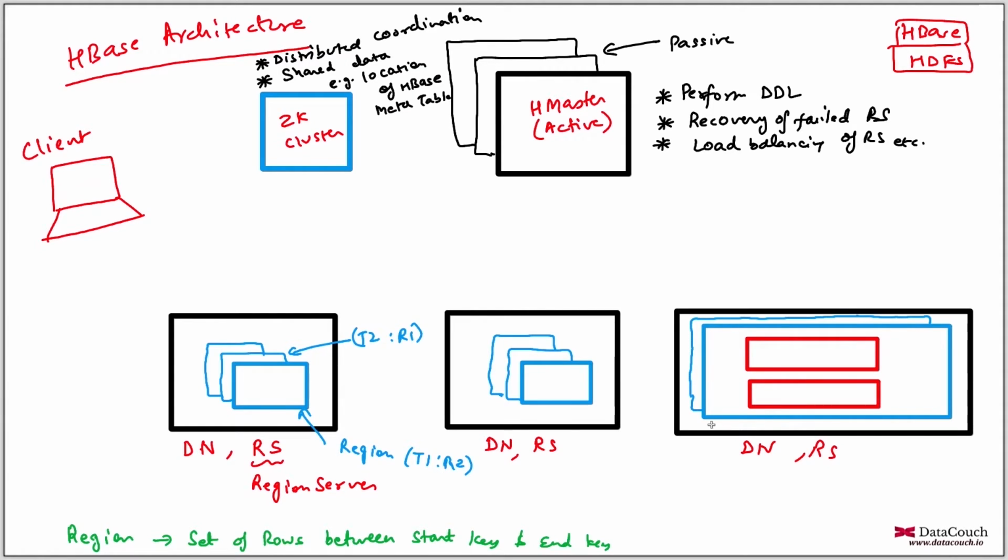So let's say we have 10 million rows in this region, and we are doing vertical partitioning. Maybe 5 attributes go in one and another 2 attributes go in another. So this is info, and these are pictures. Let's say we have 7 columns in the table and 10 million rows in this region. So 5 are going here, 2 are going here. So vertically we divided this region into 2 column families.